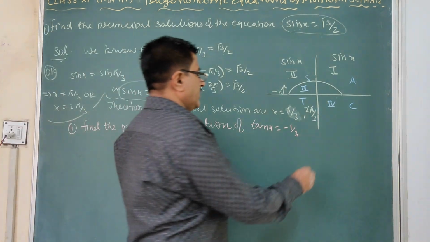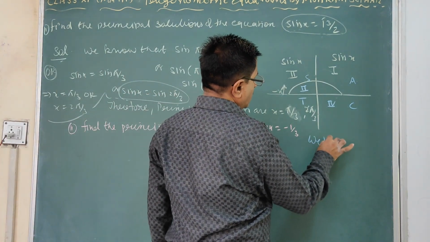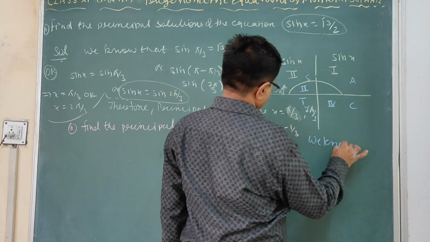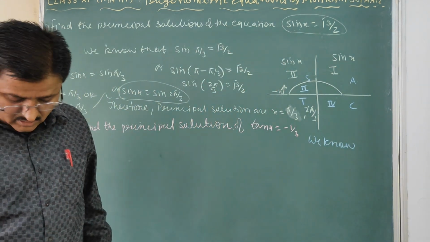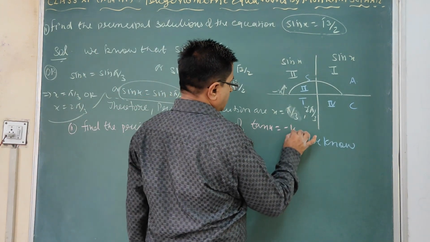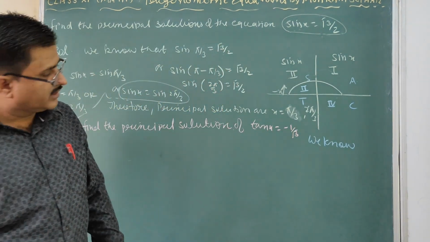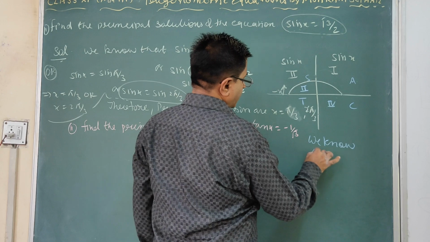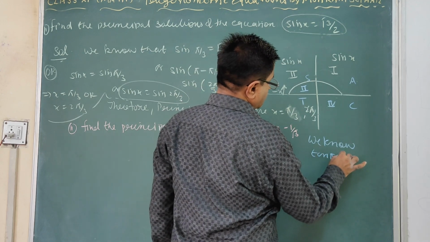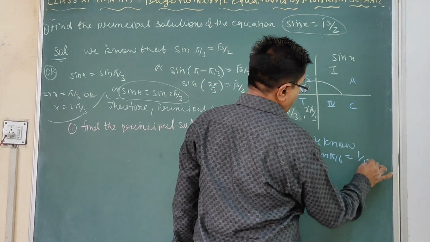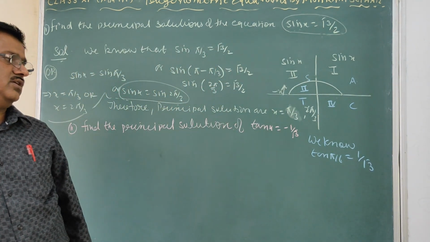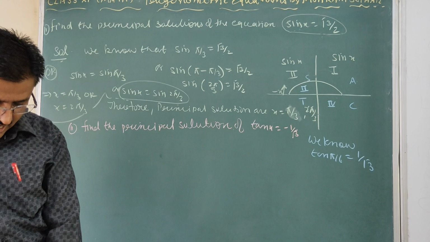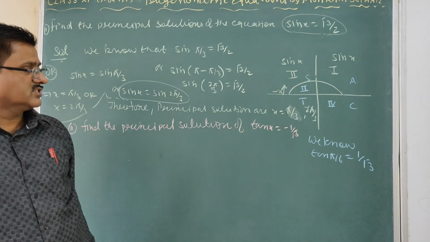But we know at what value tan is 1 by root 3. This is 1 upon root 3, not 3. So we know tan pi by 6 is 1 upon root 3.